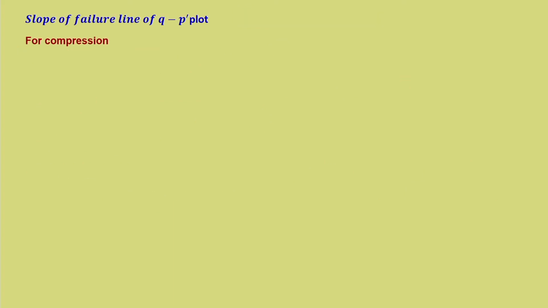Now, let us see the slope of the failure line in Q-P dash plot. So, what is the slope of tau versus sigma plot? It is nothing but phi dash. So, that is the slope. Similarly, we want to find out what is the slope of failure of Q-P dash plot.